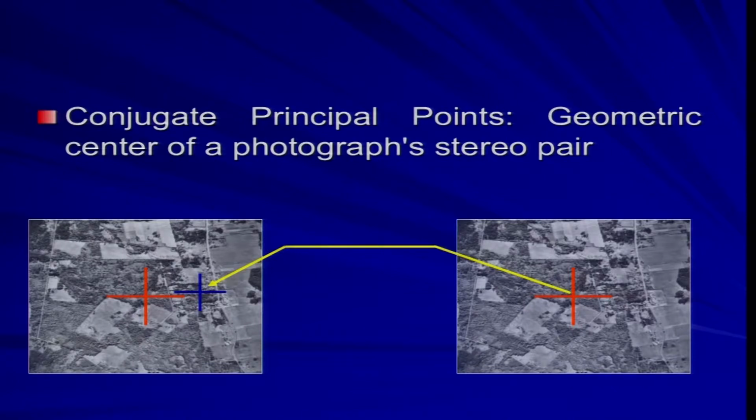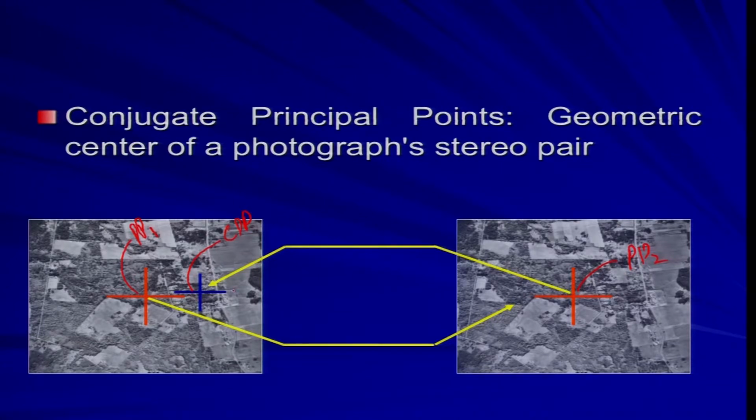And then you have the conjugate principal point. So, this is the principal point of this one here, which we have transferred here, and this we will term as the conjugate principal point, and this will be the principal point of this photograph. So, say PP1 and this is PP2, principal point 2, and this will be transferred here.